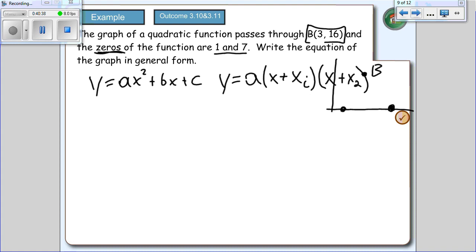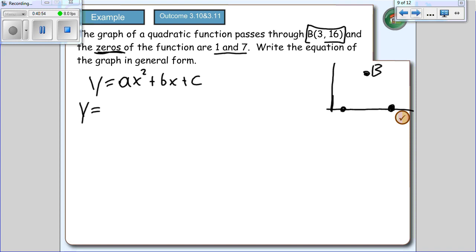How's factored form going to look? Y equals A, and then x plus 1, x plus 7. If you had that equation, what are your x-intercepts? Negative 1 and negative 7.